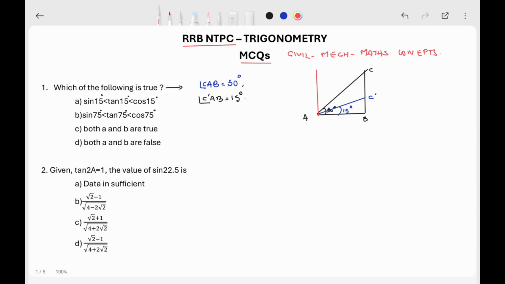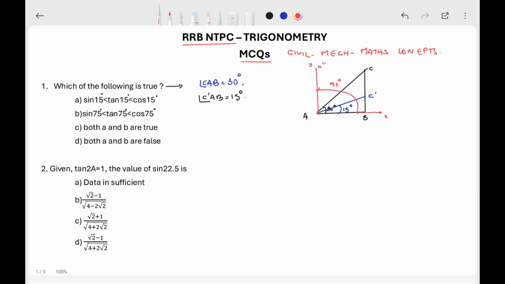Let us say it is the y-axis and let us say it is the x-axis. The angle between y-axis and x-axis is 90 degrees. Then let us say it is C double dash.